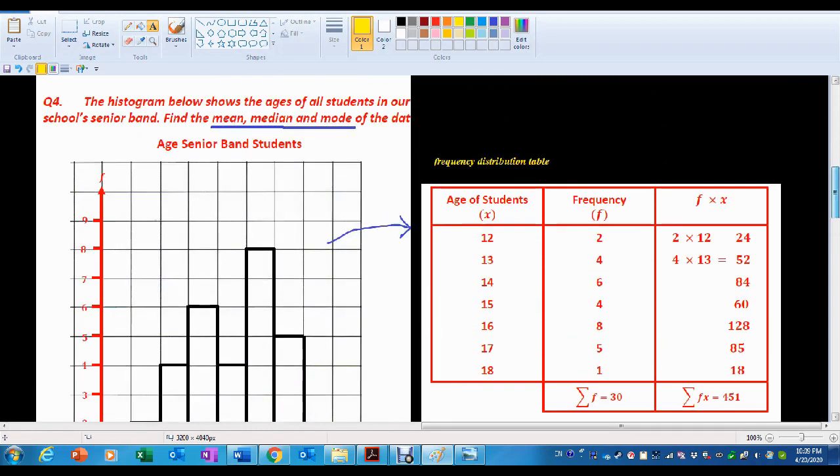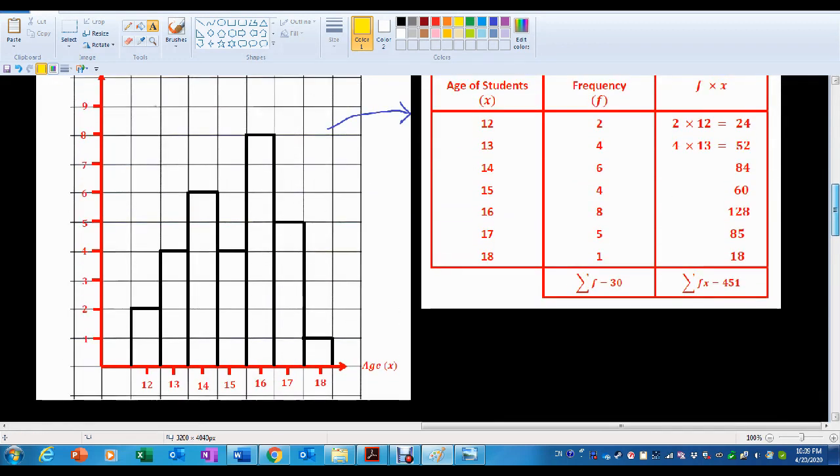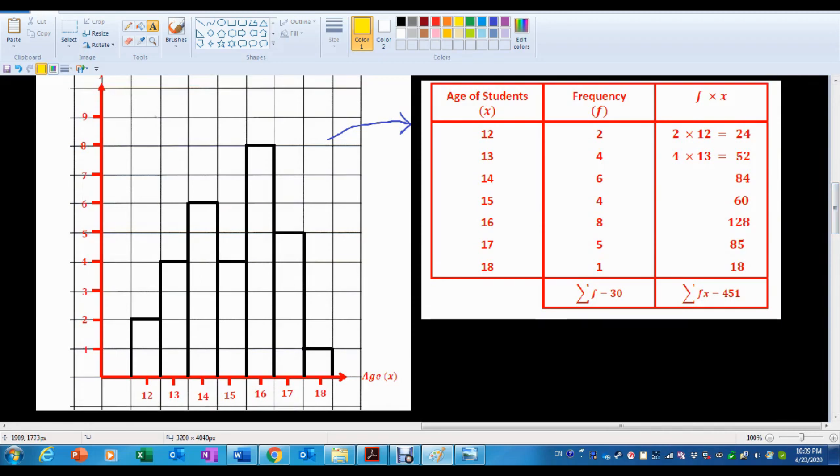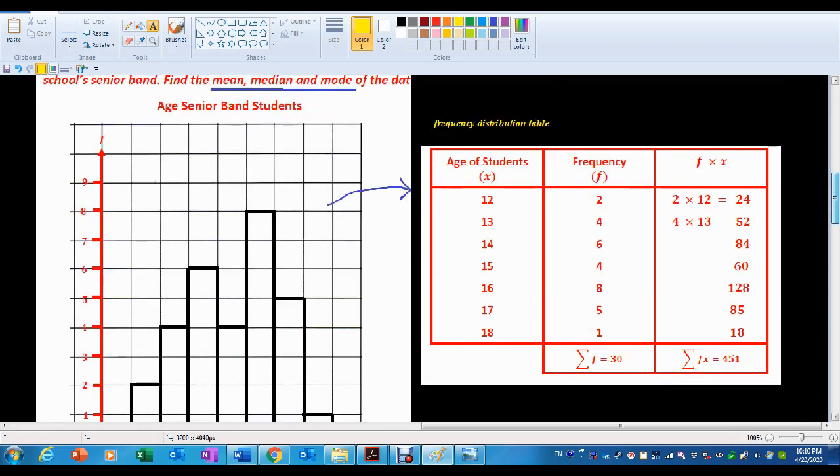For example, this one is about the ages of senior band students, all students in our school senior band. Some of them are 12 years old. For 12 years old, there are 2 band members, and for 13 years old, there are four band members. Can you see that? You need to bring all the data from that histogram to this frequency distribution table.